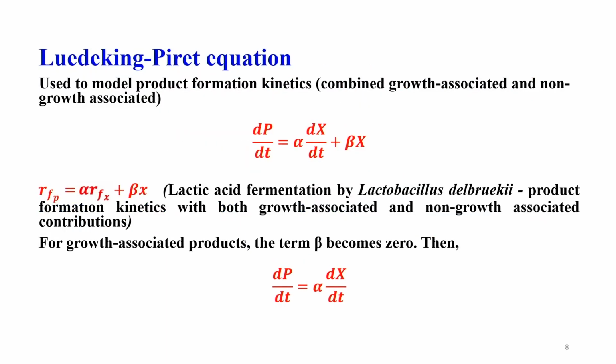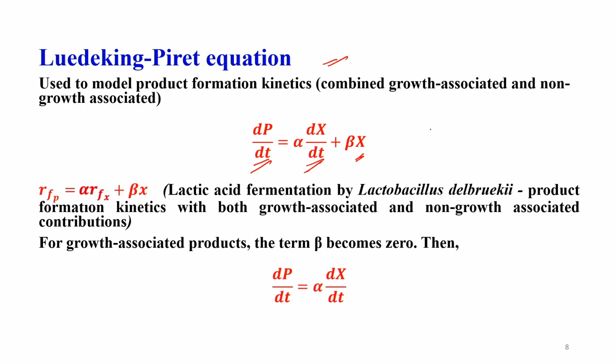Now, in some cases there is mixed growth as well as non-growth associated product formation. One model was developed by Luedeking and Piret. It says the rate of product formation is a function of biomass growth rate as well as biomass concentration.